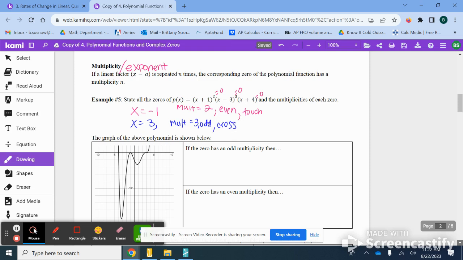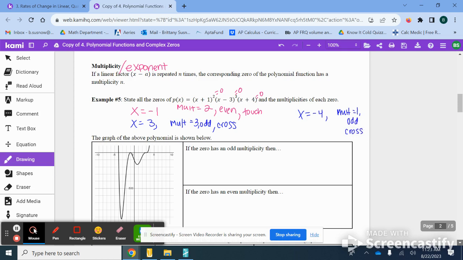We'll see in a second in the picture below. And then the last one would be -4. And the invisible exponent or multiplicity is 1. So your multiplicity is 1, which is odd. So we'll see it cross.